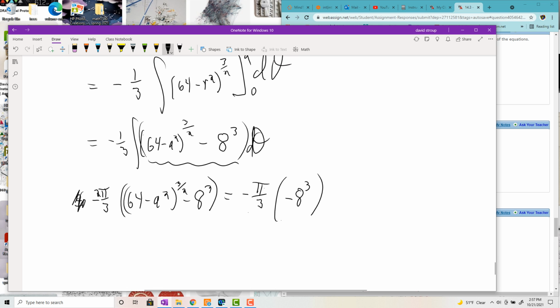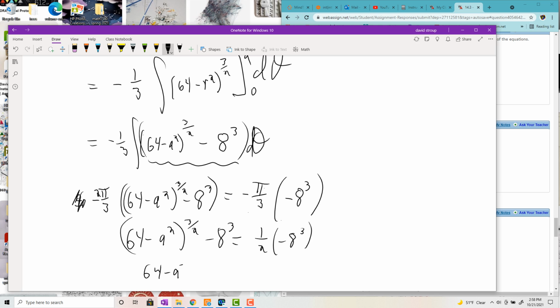And then you're doing some solving, so multiply both sides by negative 3 over 2 pi, get 64 minus a squared to the 3/2 minus 8 cubed equals 3 over 2 pi. So that's going to give you a 1/2 times negative 8 cubed.